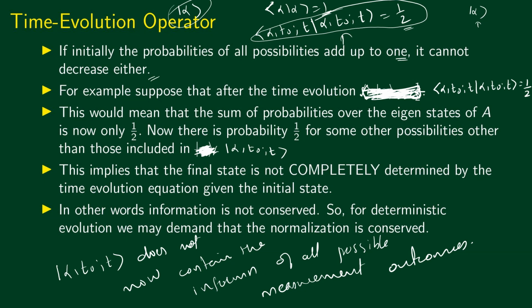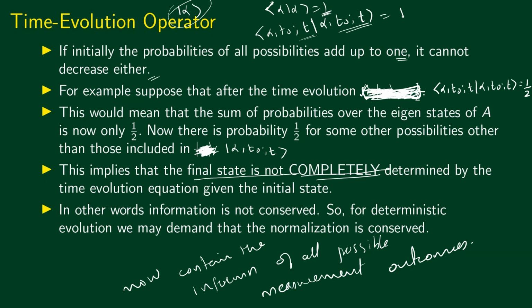Okay, so if we want information to be conserved, or if we want time evolution to be deterministic, then we must also have ⟨α,t0;t|α,t0;t⟩ equal to 1. Again, if the normalization has dropped to half, this would mean that the final state is not completely determined by the time evolution equation given the initial state.